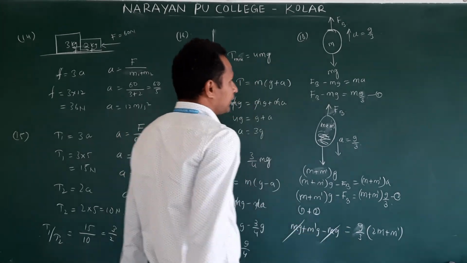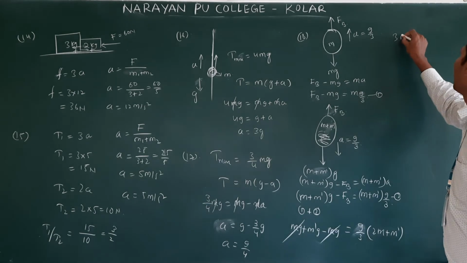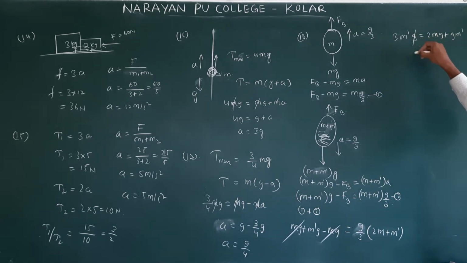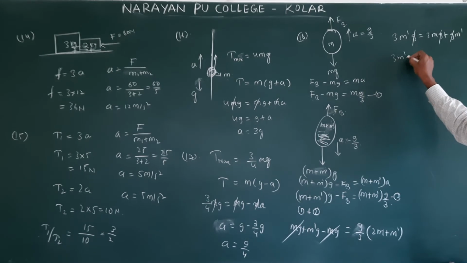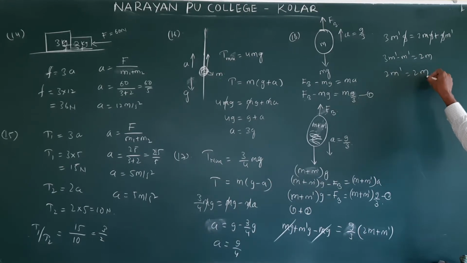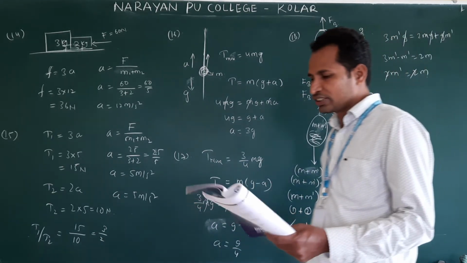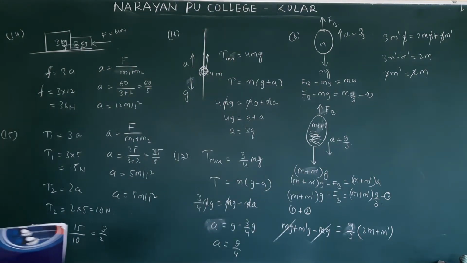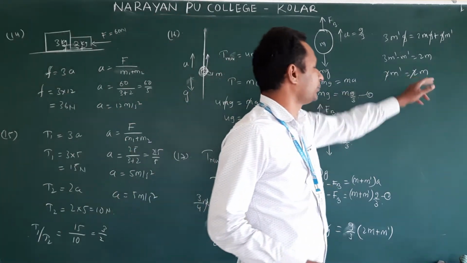Here this comes this side: 3m dash g is equal to 2mg plus m dash g. G cancels. M dash comes this side. 3m dash minus m dash is equal to 2m. 2m dash is equal to 2m. 2 cancels. So m dash is equal to m. So the amount of sand is m.